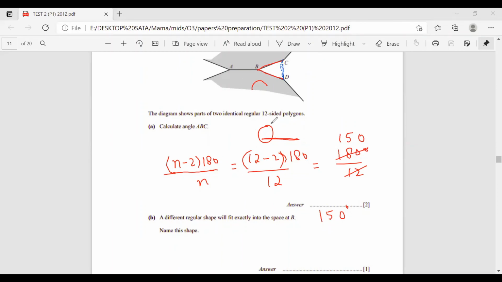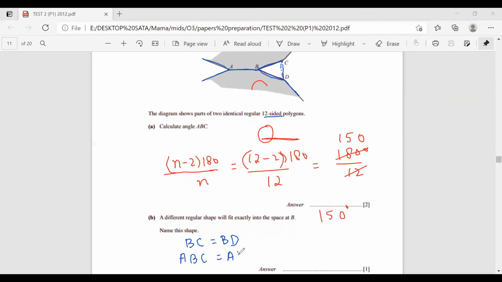So if it is a 12-sided regular polygon with identical, that means this shape is exactly identical with this shape. So I can say that the side BC equals side BD. Similarly, angle ABC equals angle ABD.